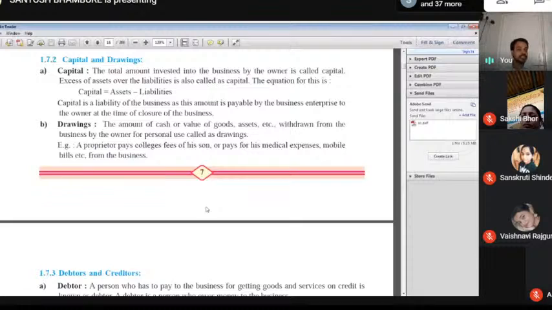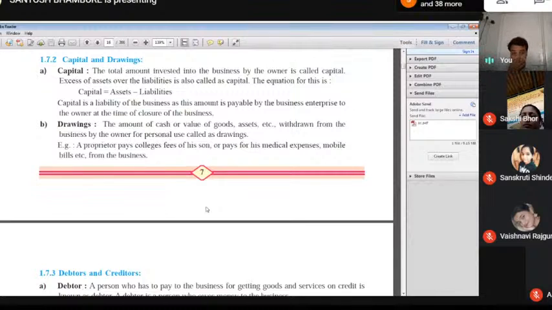It means a property used by the owner, but that property is not the owner's. Drawings means sometimes cash or sometimes goods, commodity. Any businessman, any proprietor, if he uses anything that belongs to the business, and the owner uses that thing, that means drawing.